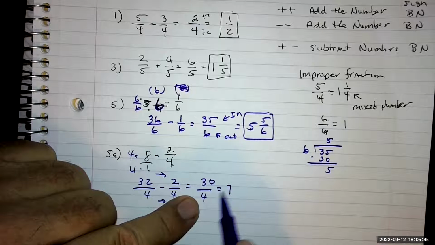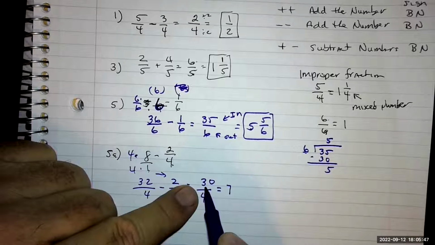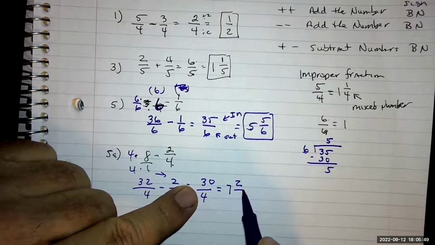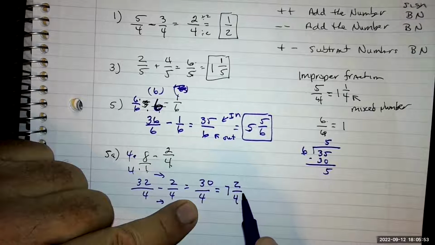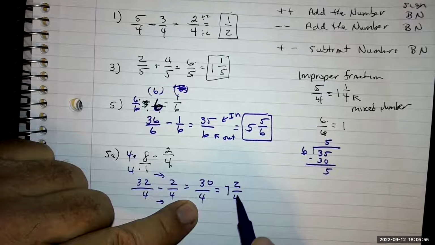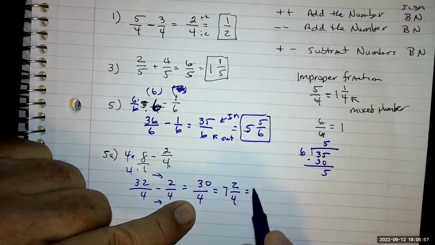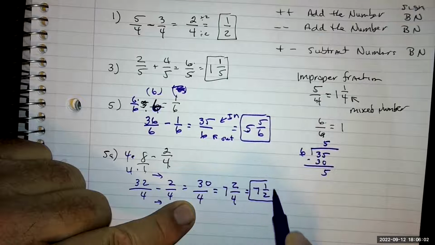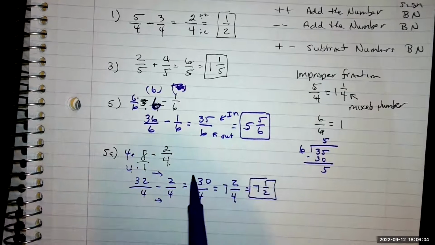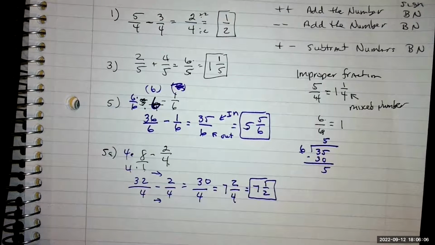And 28 taken away from 30 is 2 left over. The denominator is 4. I have to reduce my 2/4 because they're both even. So I know my answer is going to be 7 1/2. There, hopefully that made better sense, because the other one was kind of messed up.